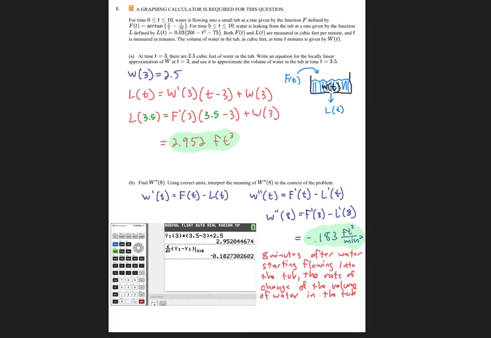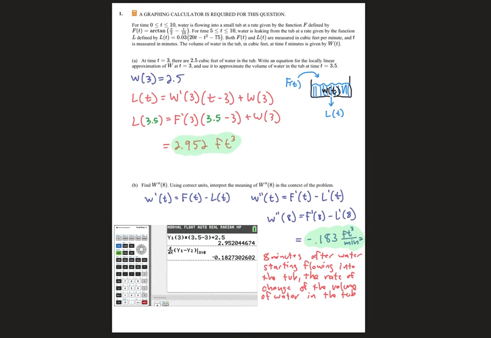Say something about how that rate of change was decreasing. Since it's negative, the rate of change of the volume of the water in the tub was decreasing.